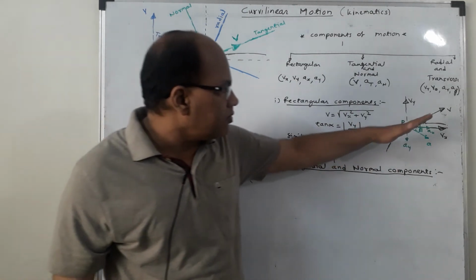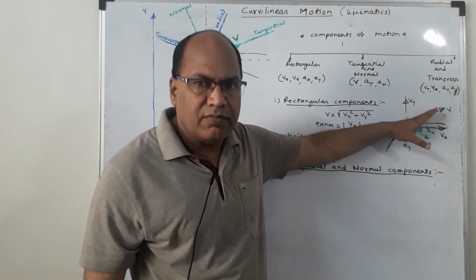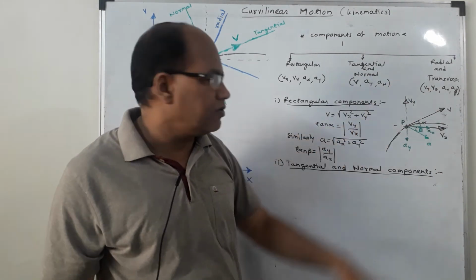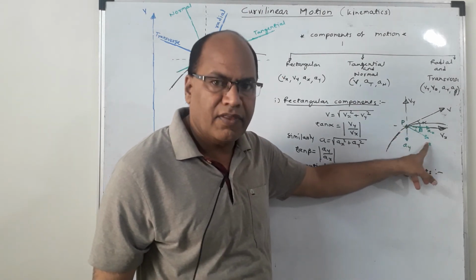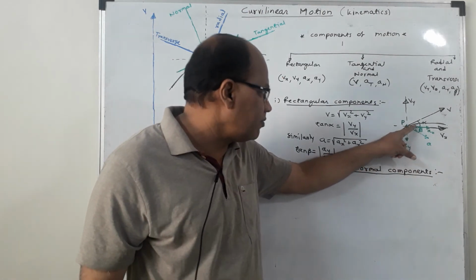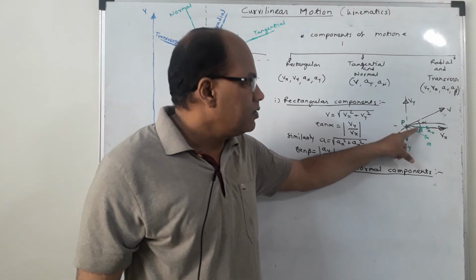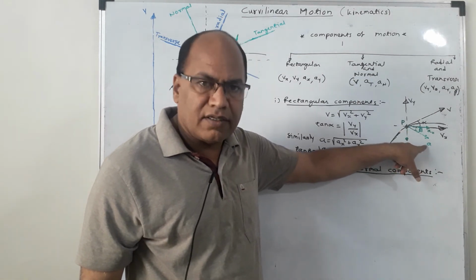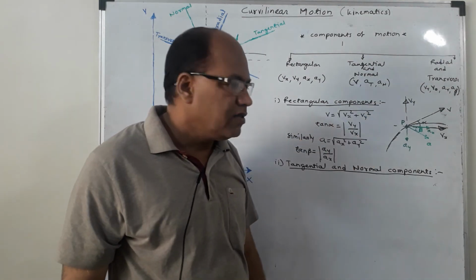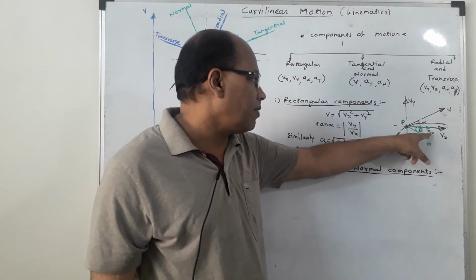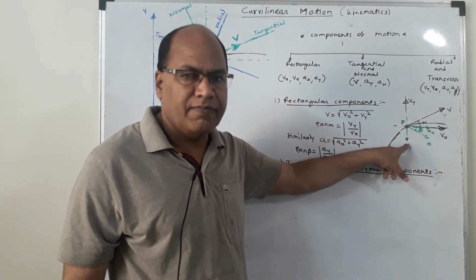Now, the velocity is always along the tangent, but acceleration is never along the tangent. Let this be the direction of acceleration which is shown over here, and it is making an angle beta with the x direction. So, knowing the acceleration and the angle made by it with one of the reference axes, we can get the components of acceleration as ax and ay.